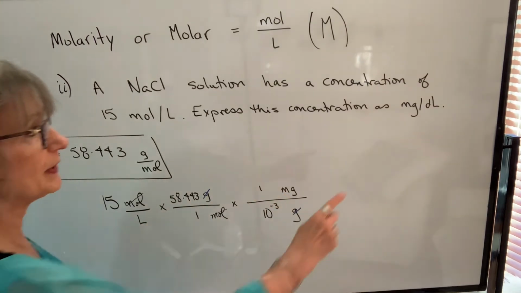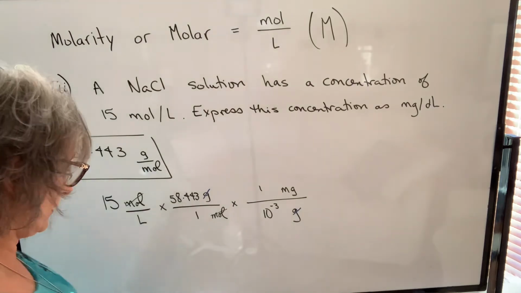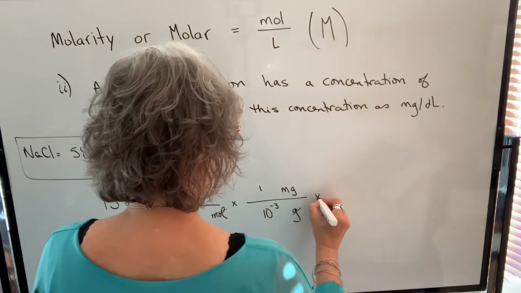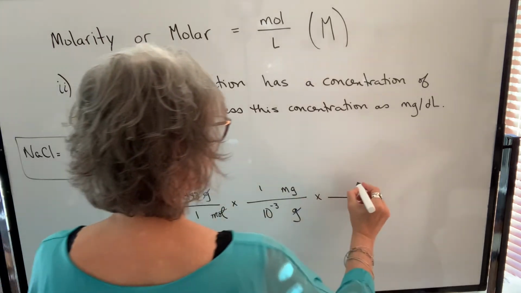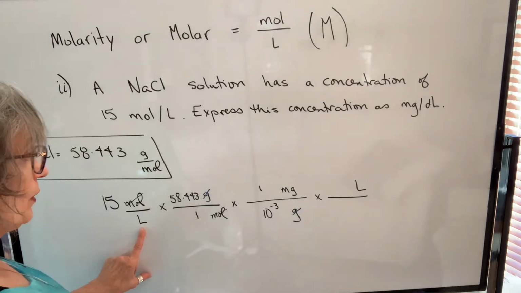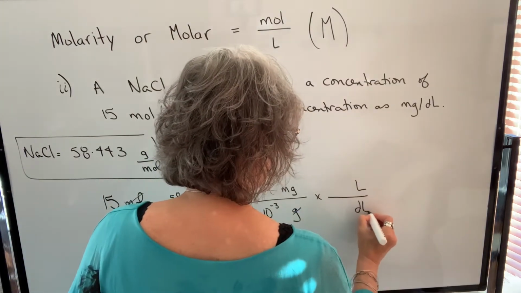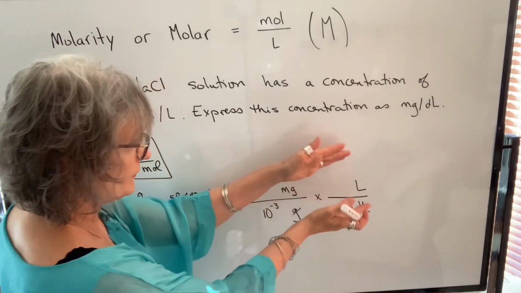We want it milligrams per deciliter, so we're going to convert from per liter to per deciliter. Liter is in the denominator, so we want to make sure liter is in the numerator so that it will cancel. And we want to replace it with deciliter. So in order to multiply by this fraction, the numerator and the denominator have to be equivalent.